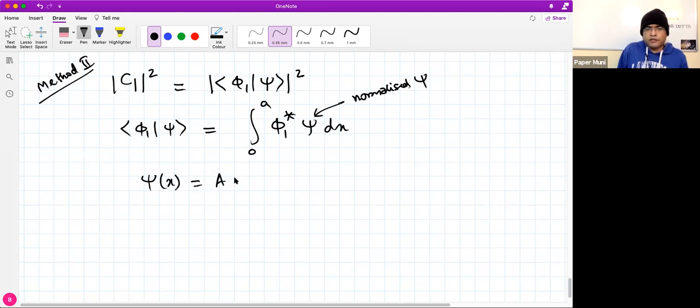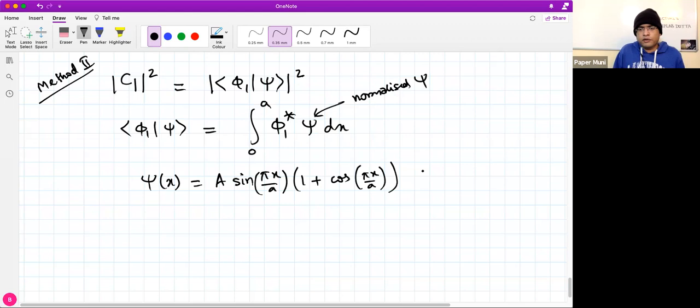So this is a sine pi x by a, this is, sorry, 1 plus cos pi x by a. So you have to normalize this first. Just use the integration, the normalization constant method.